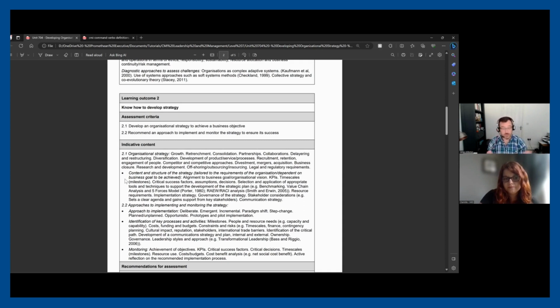Unfortunately, the statistics suggest that most strategies fail, 50 to 70%, we think. So there's a lot of really interesting and important stuff to talk about here if we're going to be effective in organizations designing and creating their future with intention, which is one of the principles behind strategy for me.